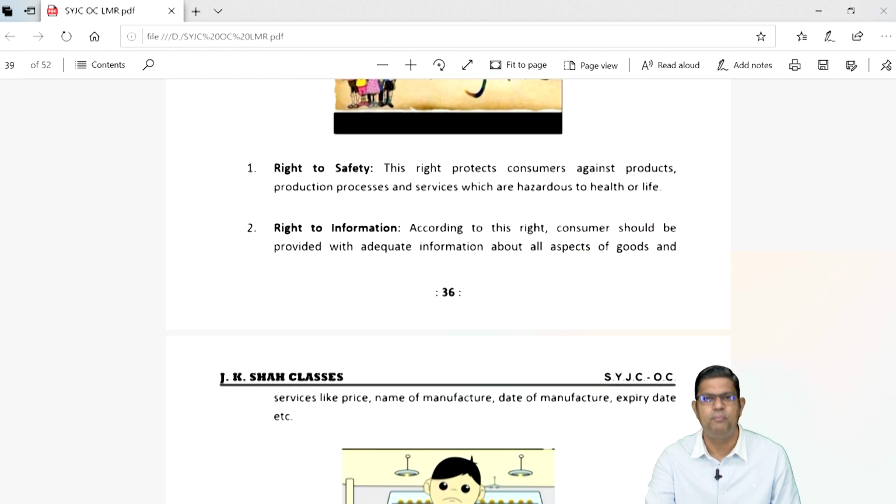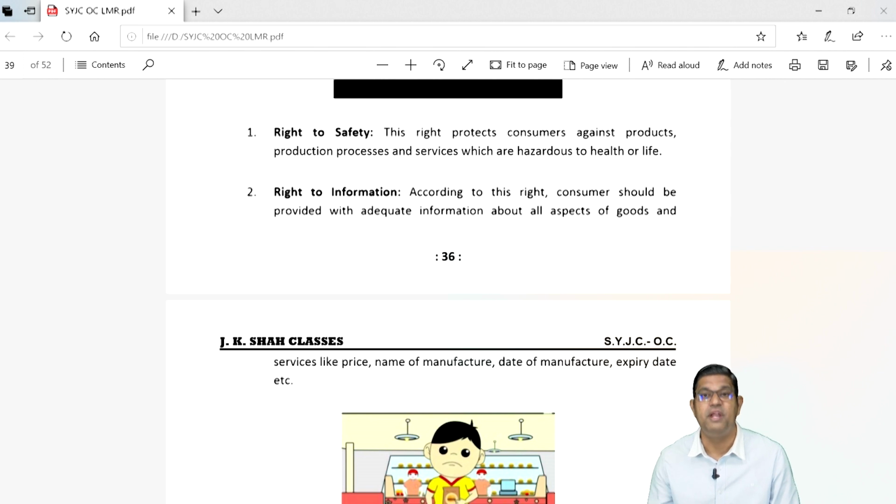Moving to the second point, it is called the right to information. That means whatever goods are bought by the consumers, the consumer should get complete information about them. You can print all this information on the package of the goods you sell, like what exactly the product is, what the ingredients of this product are, who the manufacturer is, what the expiry date is, what the MRP is. Then there should be a veg or non-veg mark on it.